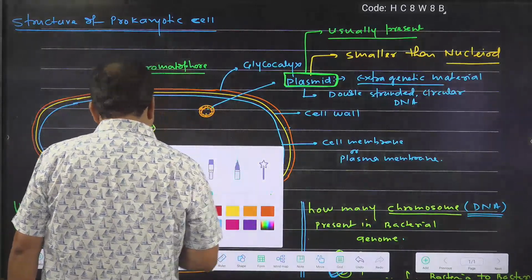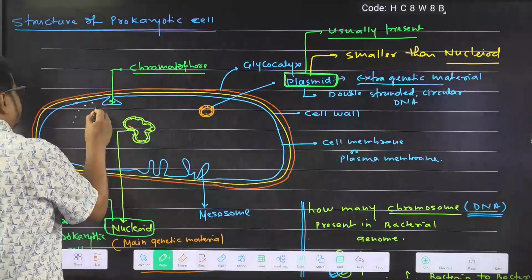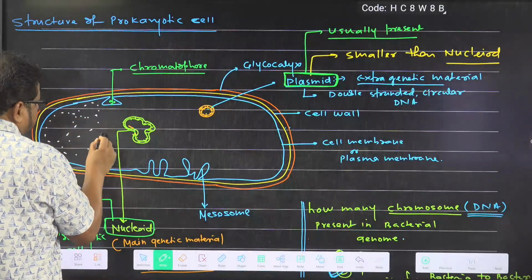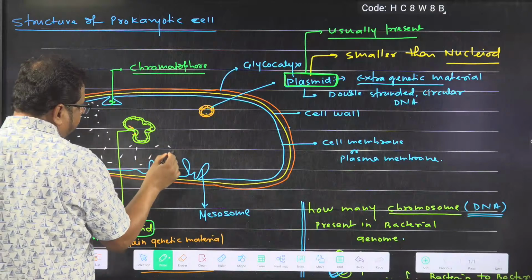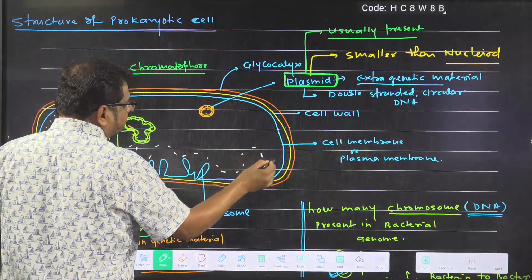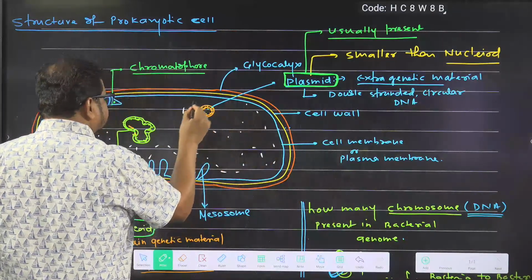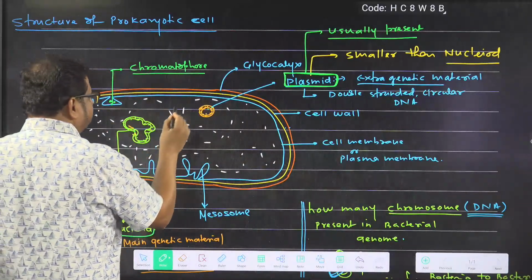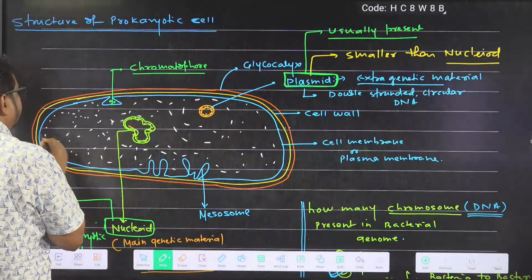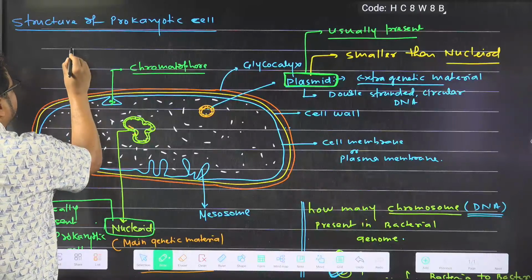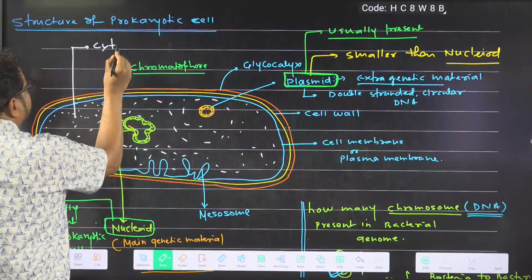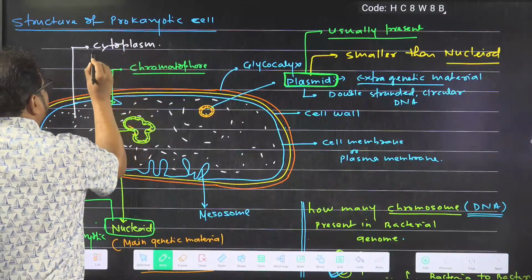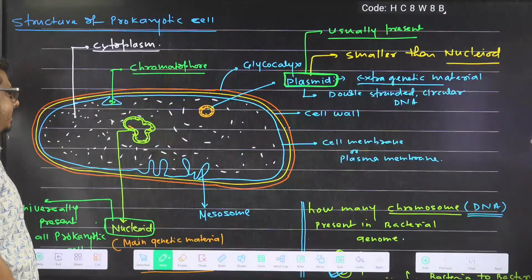Now I am going to tell you, inside the plasma membrane it is a fluid filled matrix. This fluid filled matrix is called cytoplasm.